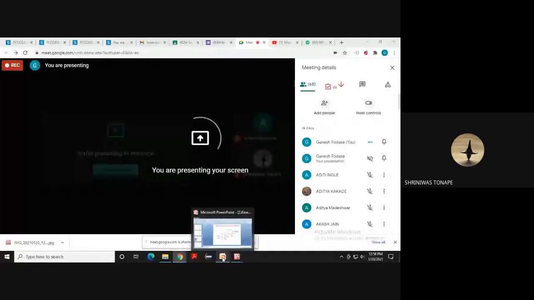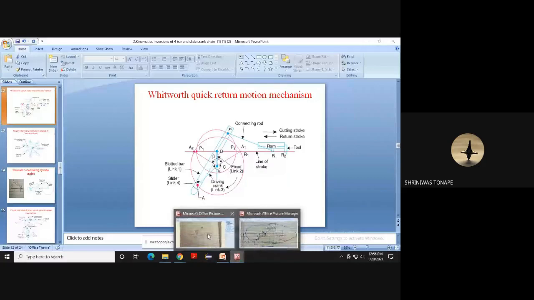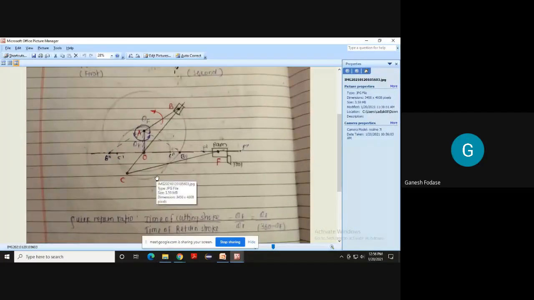Is this image visible now? The screen is not shared. Wait. Okay, now it is visible.